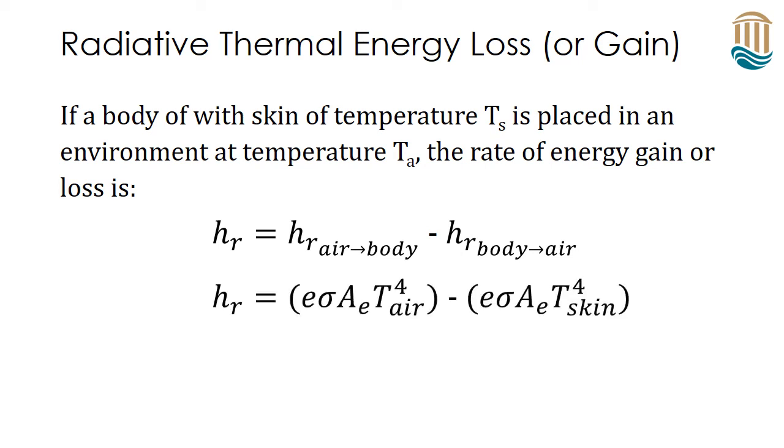The air is radiating heat to the body at a certain rate that depends on its temperature, and the body is radiating heat to the air at the rate that depends on its temperature. Because we have a lot of like terms here, we can factor them out and simplify this equation. The rate of a mammal's heat transfer with its environment through radiation depends on the emissivity of the body, the exposed surface area of the body, the skin temperature, and the air temperature. Remember that those temperatures need to be in Kelvin.